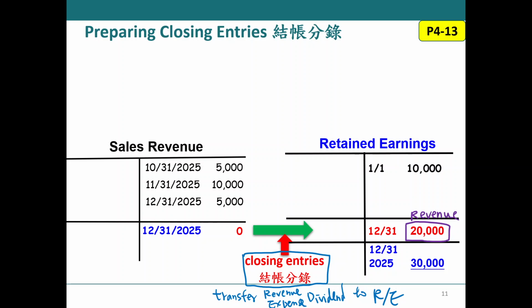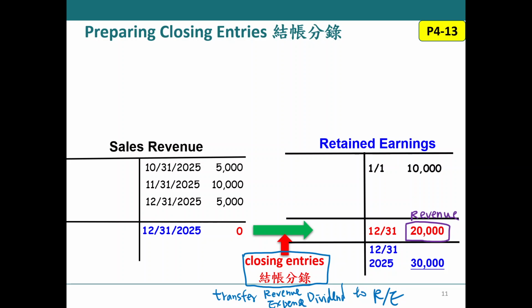Debit side, right? Remember, revenues make your retained earnings increase on the credit side. Dividends and expenses make your retained earnings decrease on the debit side, right?